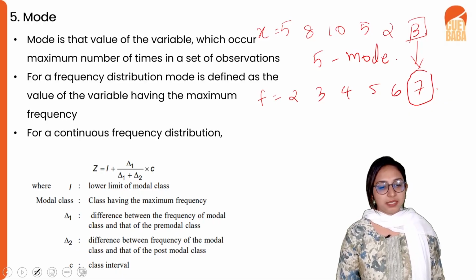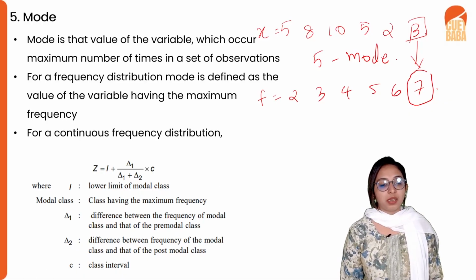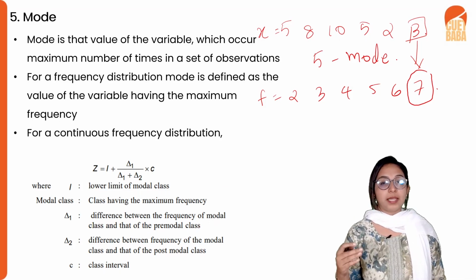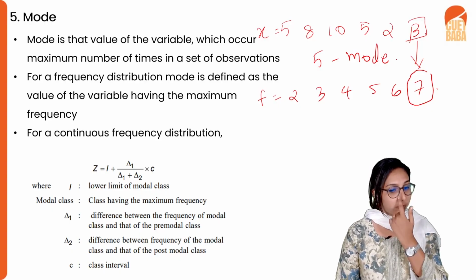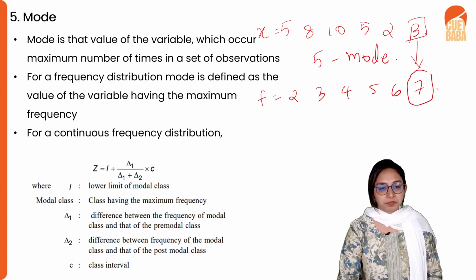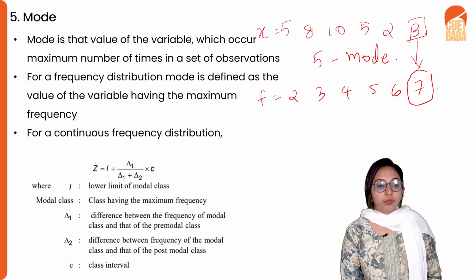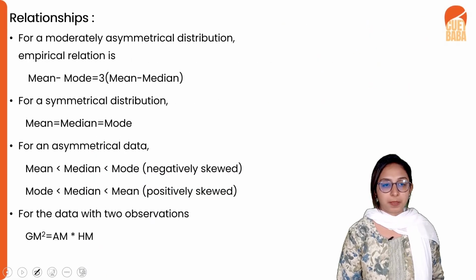C will be the class interval. Delta 1 will be the difference between the frequency of the modal class and the pre-modal class, subtracting the pre-modal class from the modal class, and delta 2 will be the difference between the frequency of the modal class and the post-modal class. Using that, we can find the mode for the continuous frequency distribution.